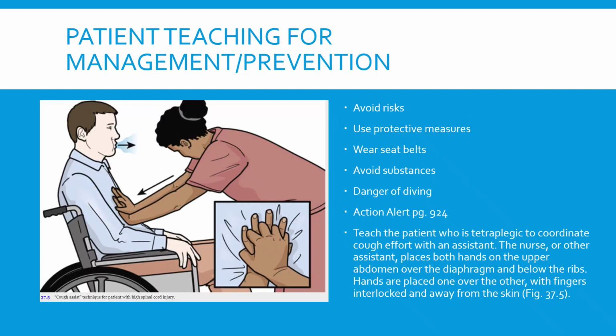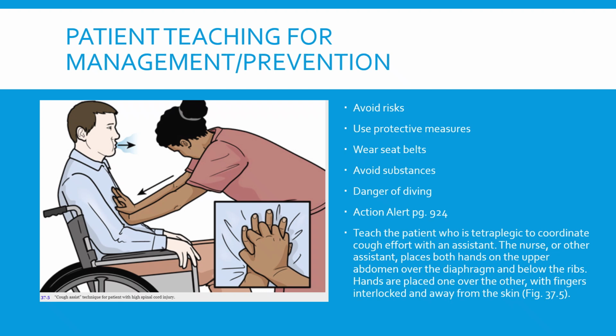For patient teaching and prevention, you want to teach the client to avoid the risk. Use protective measures like wearing seat belts, avoid substances, and then the danger of diving. They shouldn't dive into shallow water.